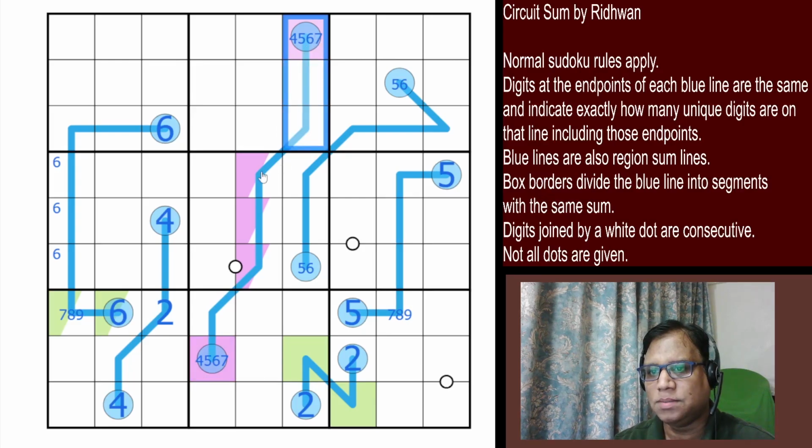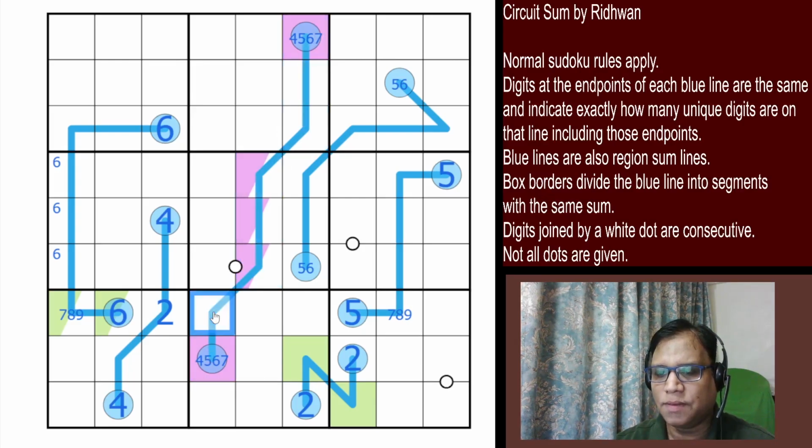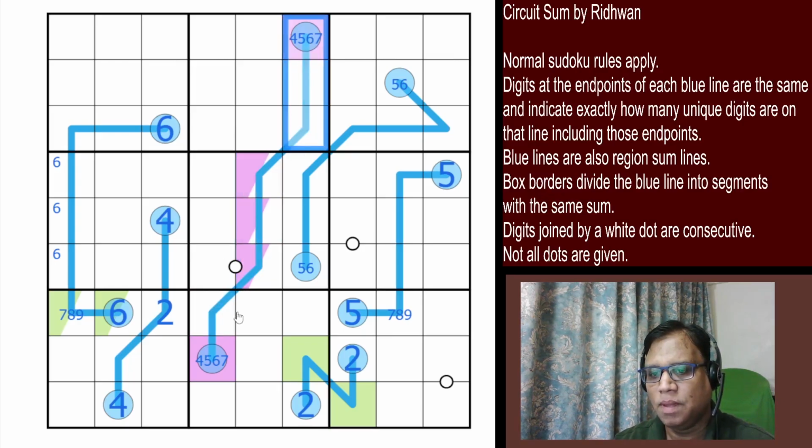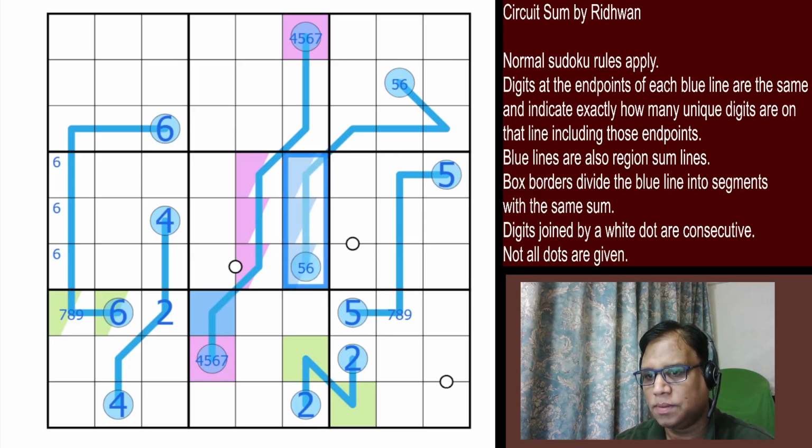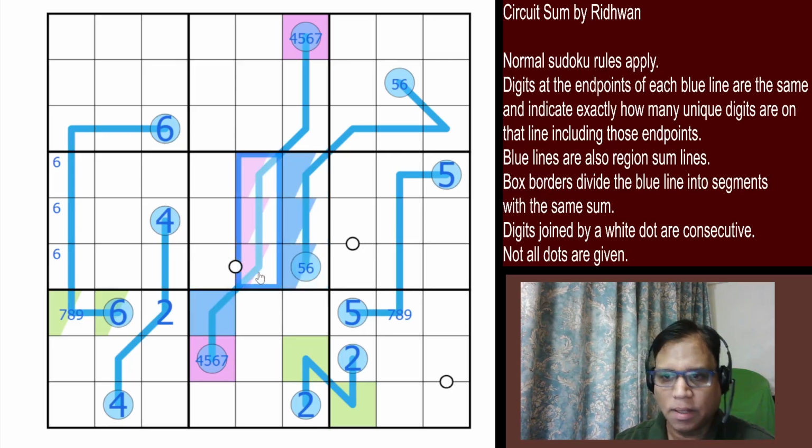What I am saying is these 3 digits are repeating here, and then that's a different digit. This cannot be anywhere on this line, because this digit must be different than this digit, and this digit is also the sum of 2 digits which are here and here. So this is definitely a different digit. That means clearly this digit now exists somewhere here. Or maybe it could be this one, because this digit now cannot be here, it must be here. So it must be somewhere here.